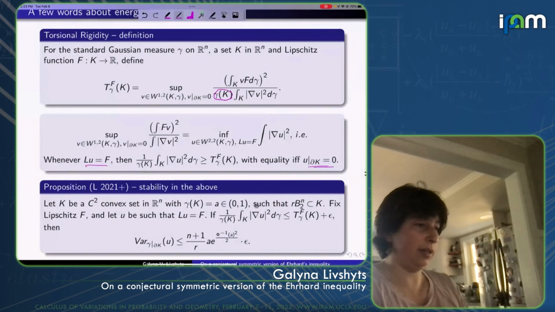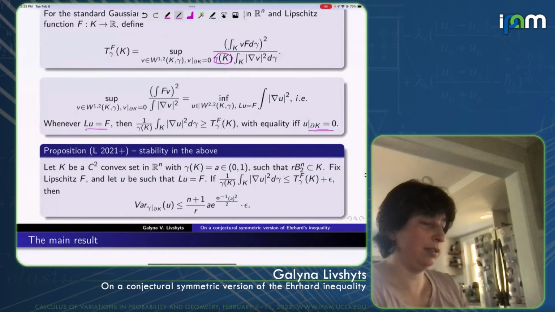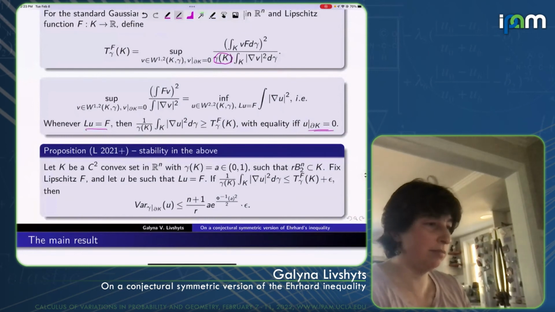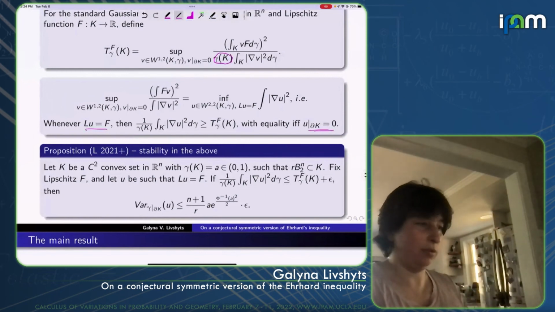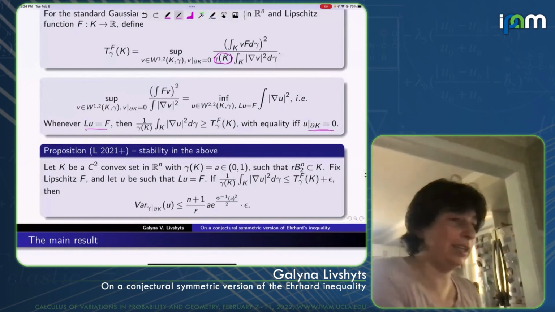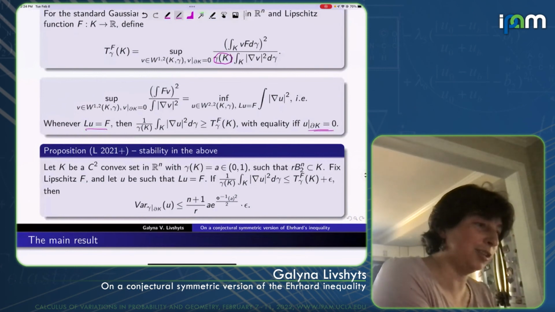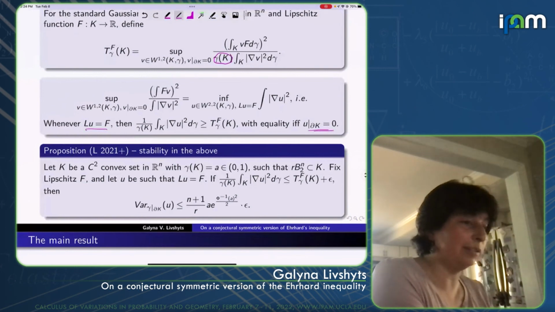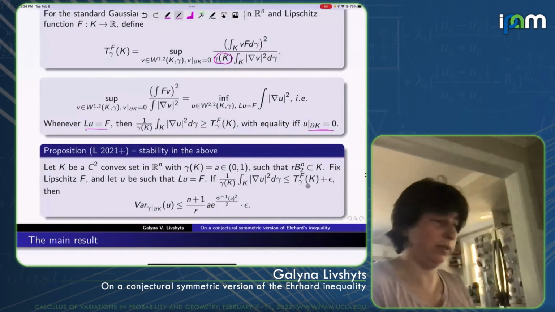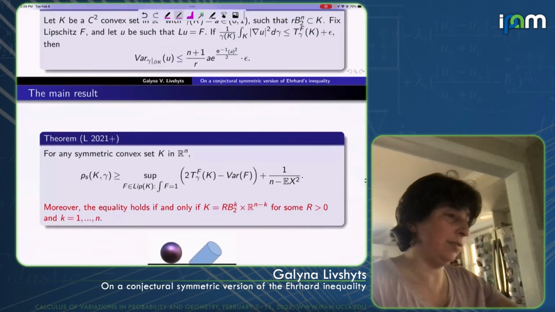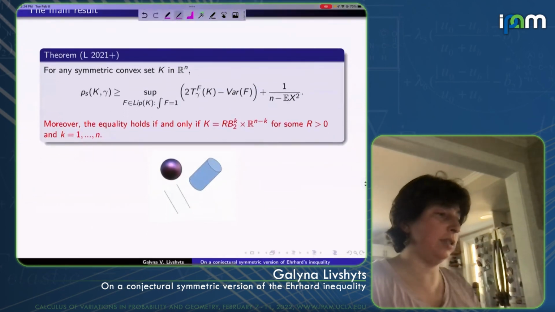By the way, in my paper, one of the things I obtained was a stability version of that result in some sense. It probably is known, I don't know, but in any case, if the energy is close to the minimum of that equation, then the variance of the function on the boundary is not very large. That was one of the things needed for the result.